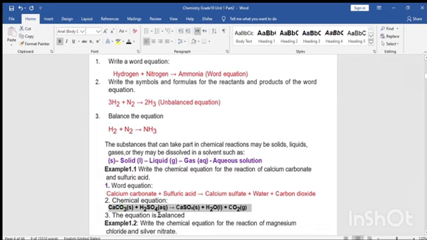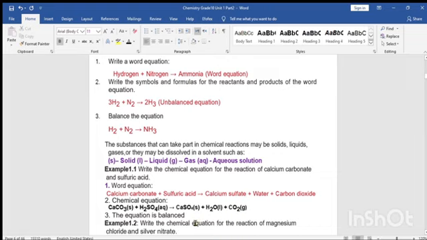Calcium carbonate is a solid substance, sulfuric acid is an aqueous solution, and calcium sulfate, the product, is a solid substance. Water is liquid, and carbon dioxide is gas. Indicate like this, as we mentioned in this discussion.